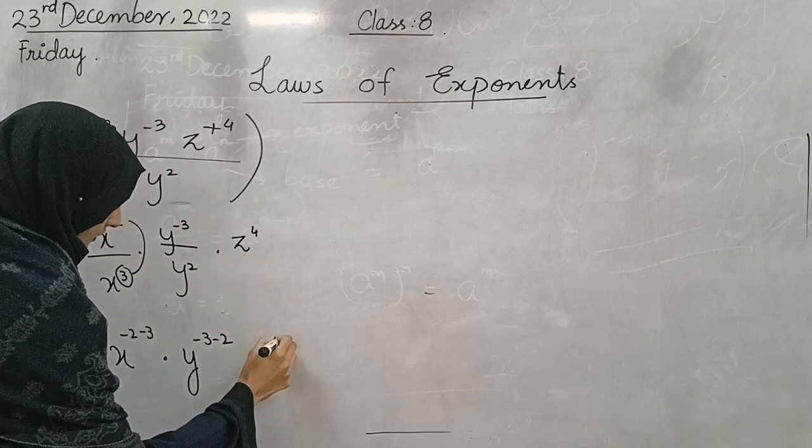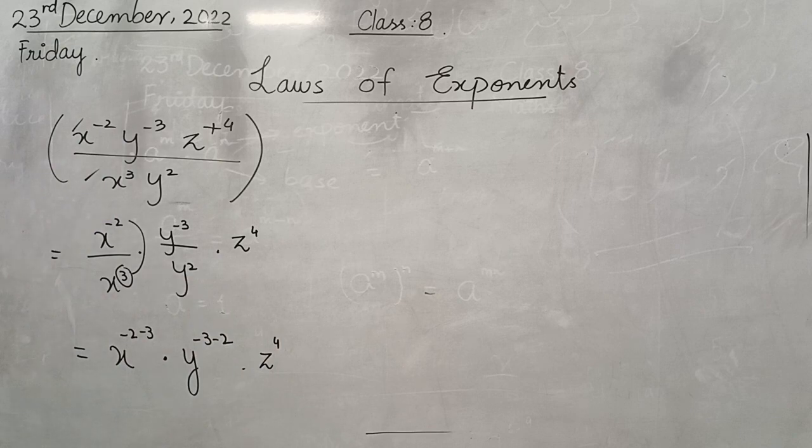No base is same for z raised to power 4, so we will write it as it is. Now you will solve: x raised to power minus 2 minus 3. Minus minus plus, 3 plus 2 is 5, x raised to power minus 5. Similarly, y raised to power minus 3 minus 2 is minus 5, and z raised to power 4.